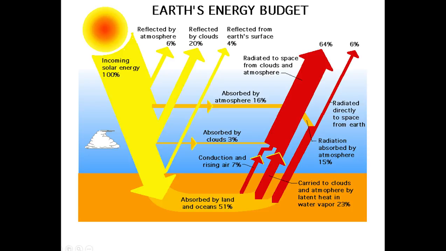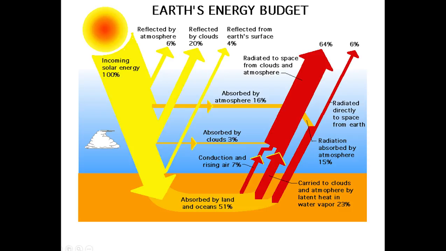The other area that we deal with is the reflection of light from the surface. Those are the only 2 points, this one and that one, in which humans can do something to this planet.